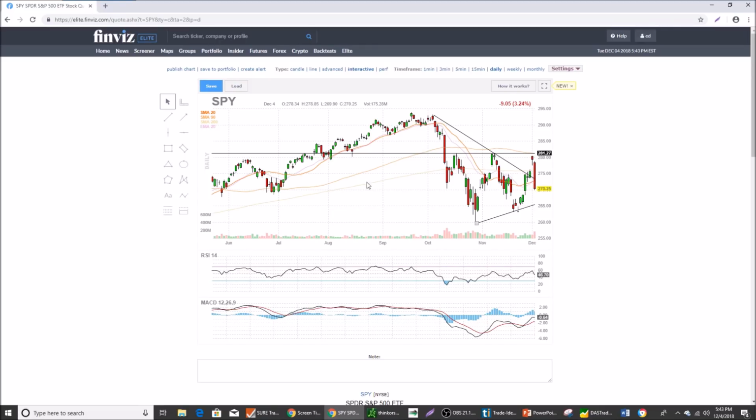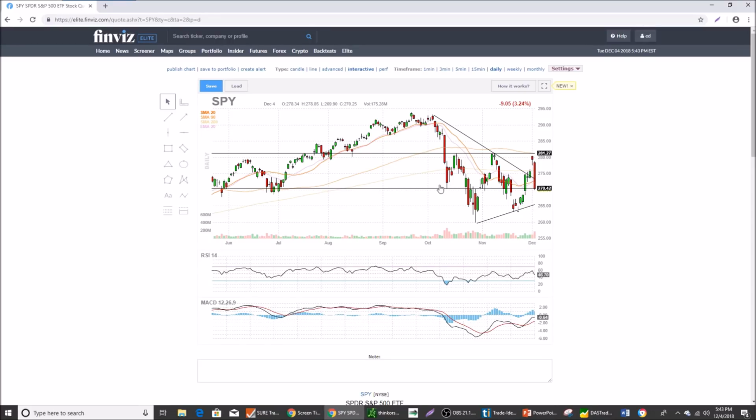This is a level here. This 270. This here is a nice level of support, around 270.50. Now, this is a serious level. Between here, 270 on up, this is pretty significant.